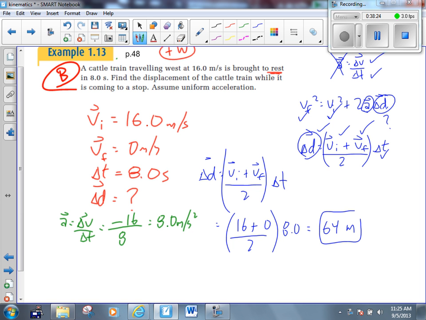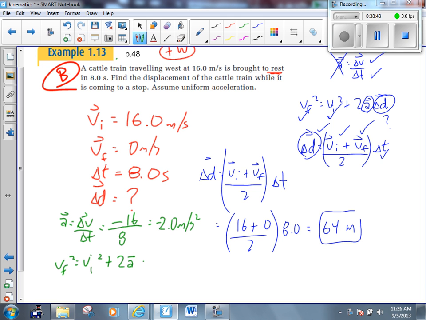But now let's use VF squared. 16 divided by 8 is 2, yes. You are absolutely right. Negative 2, actually, right? So VF squared is equal to VI squared plus 2AD.